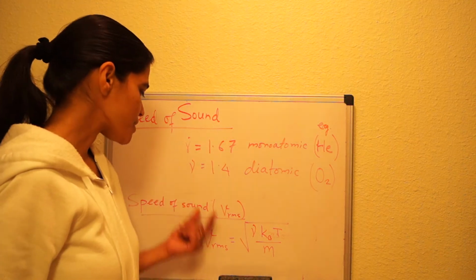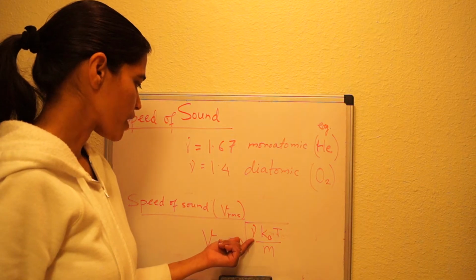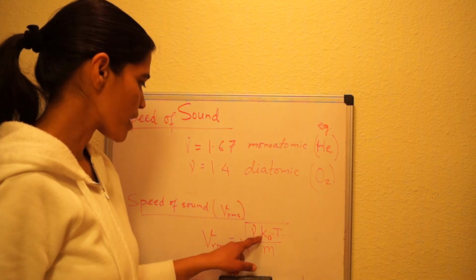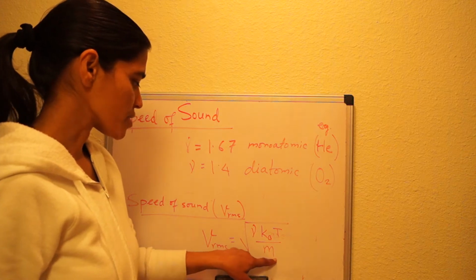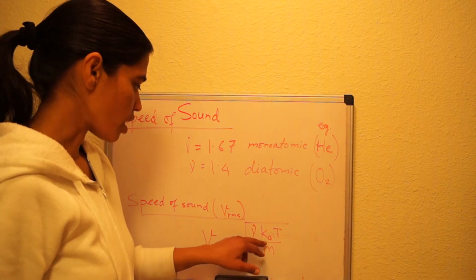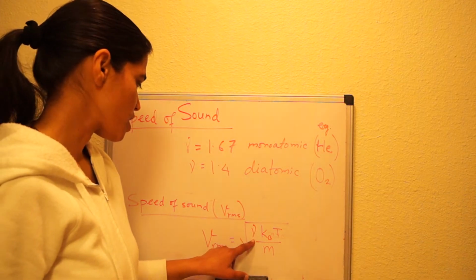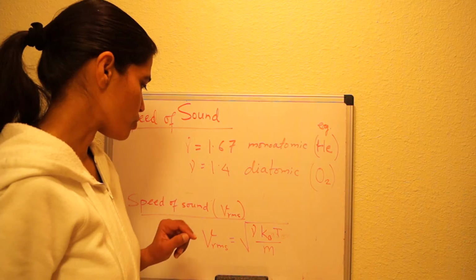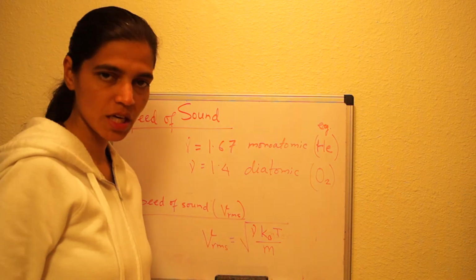So the speed of sound is equal to the square root of gamma k_B T divided by m, where m is the mass of the molecules. Gamma is a constant, with value 1.67 for monoatomic gases and 1.4 for diatomic gases. k_B is Boltzmann's constant.